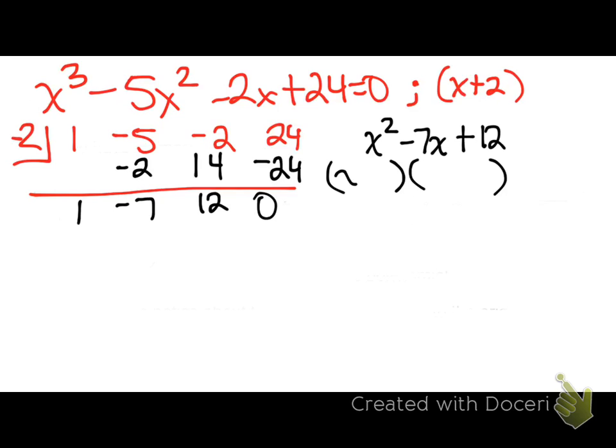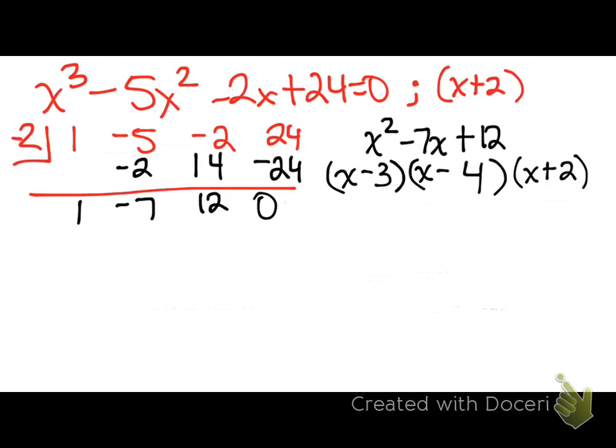X goes in the front. What are my signs? Minus, minus, and my numbers. 3 and 4, 4 and 3. Okay, they multiply to a positive 12 and add up to a negative 7. What's my other factor? X plus 2 is my third factor.